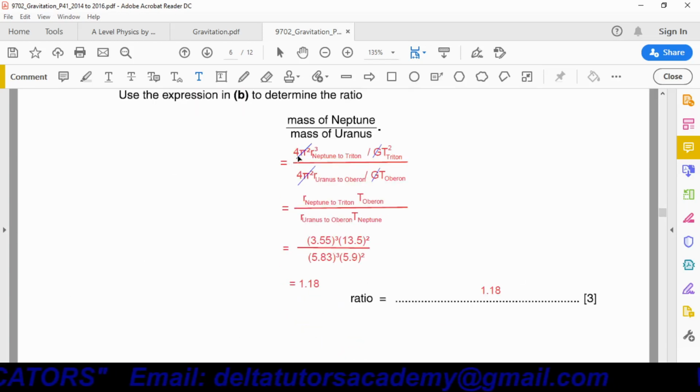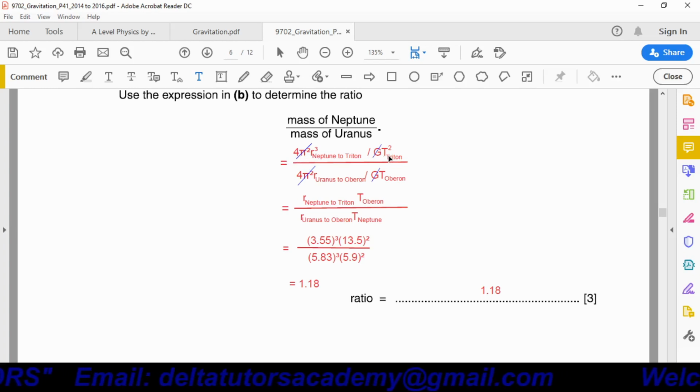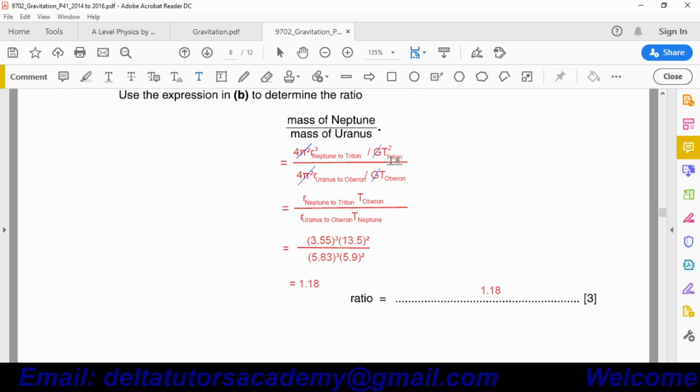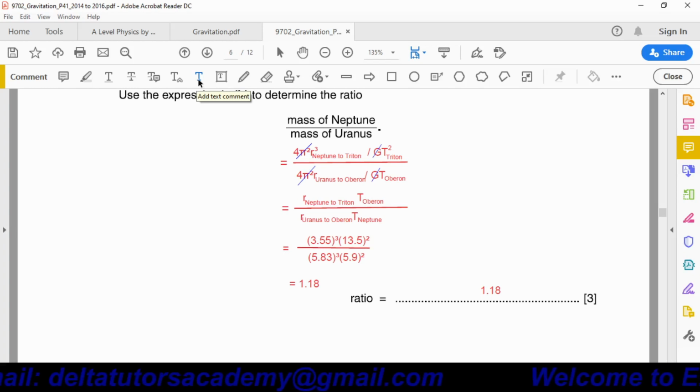Mass will be equal to 4 pi square r cube over G t square. In the numerator there is the mass of Neptune.